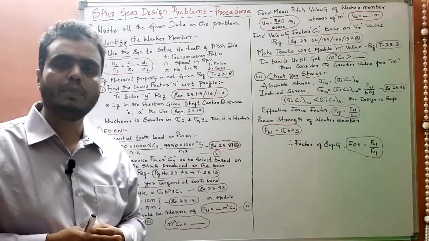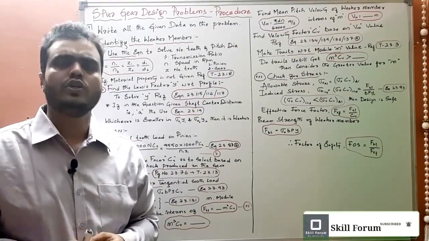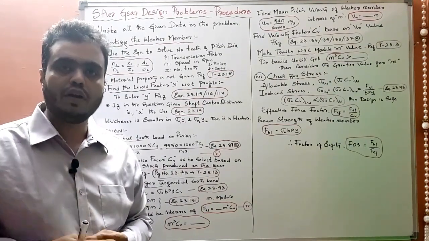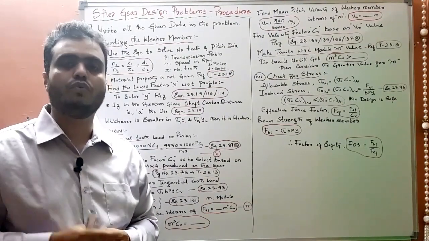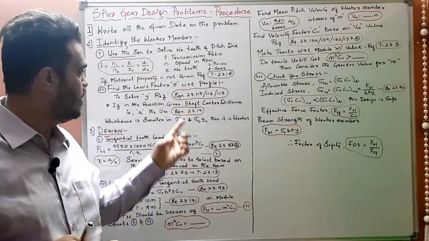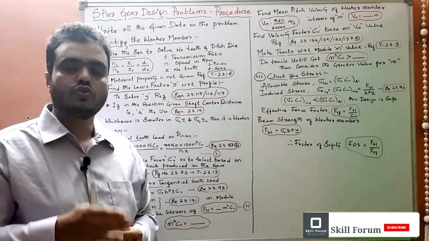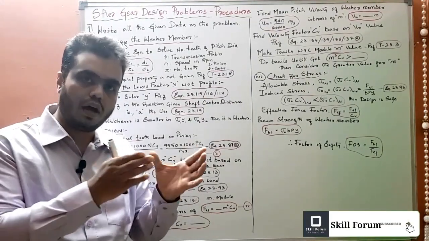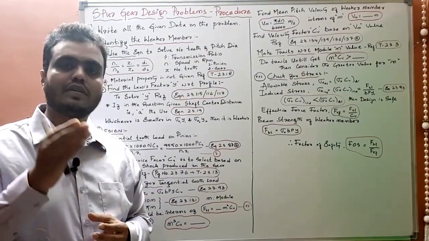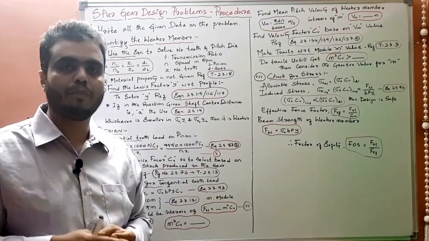One thing you need to keep in mind is what is required. Whichever problem you solve, you need to analyze what we need to find. Here, to identify the weaker member we require sigma naught into y, for pinion and for gear. In those two, whichever is smaller, we consider as the weaker member.